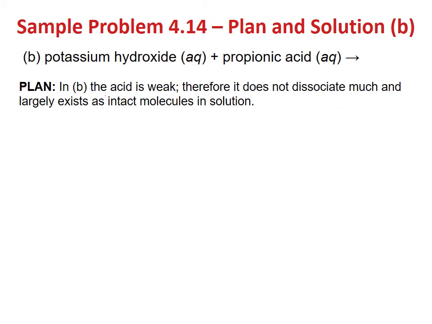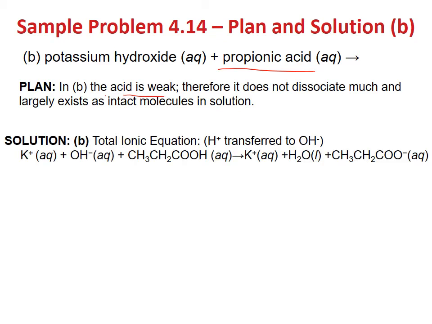In B, we notice that the acid, propionic acid, is a weak acid, and therefore it remains as a molecule as a reactant, instead of dissociating into ions. So when we write the total ionic reaction, potassium hydroxide dissociates into potassium ion and hydroxide ion, but the propionic acid remains as a molecule.